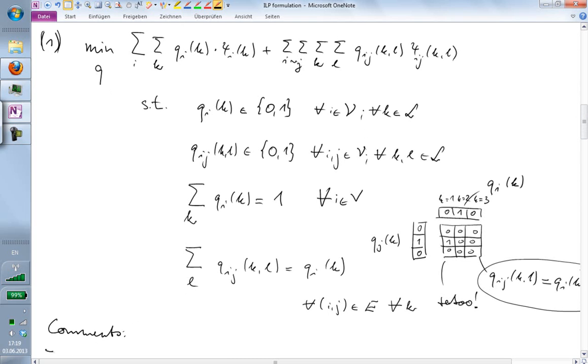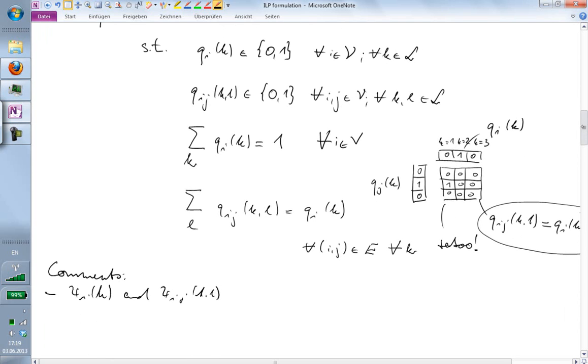My first comment is that these numbers psi i of k and psi ij of kl, well, they are just that. They are just numbers, and numbers that can be pre-computed. So in terms of the optimization problem, I can just think of them as constants.